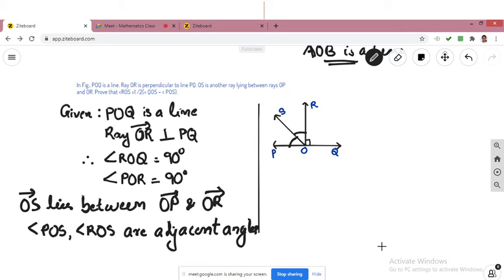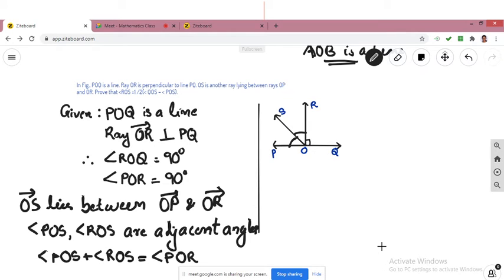Then since they are adjacent, can we take their sum, like angle POS plus angle ROS will be equal to angle POR?